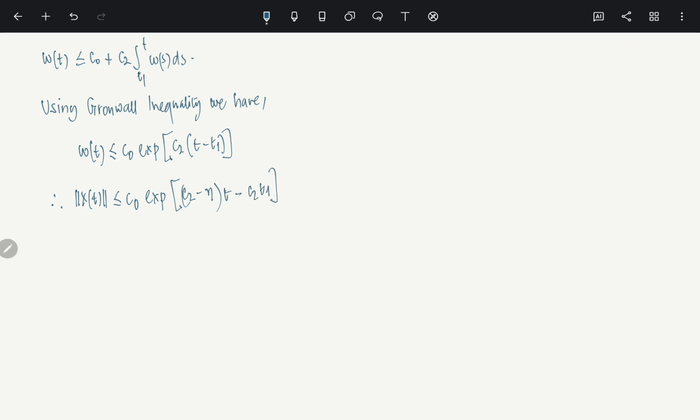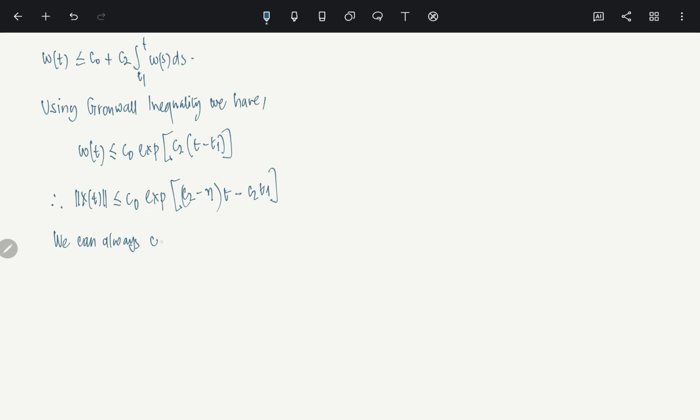Now, of course, you can see that as t tends to infinity, C2 minus eta, okay, see this C2, we can always choose C... I again did some mistake somewhere, one second. Yeah, I think it's okay. C2 is okay.